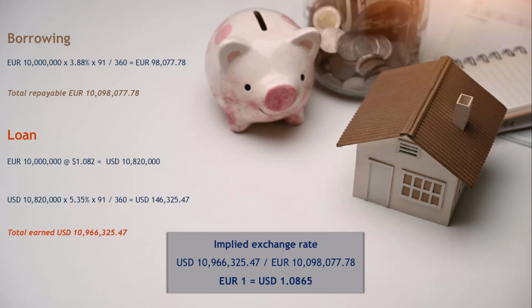If I lend the spot equivalent of 10 million euros, that is $10,820,000 US for the same period and earn 5.35%, then I'll generate interest of $146,325.47. I'll receive back a total of $10,966,325.47. Taking the ratio of the two at maturity cash flows gives us a value equal to the forward rate. That is, €1 equals $1.086.